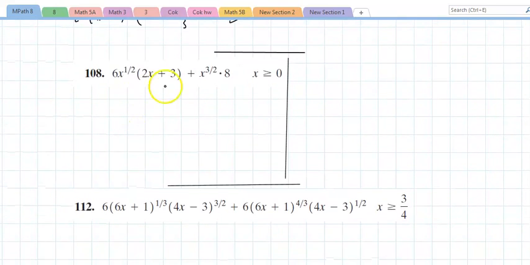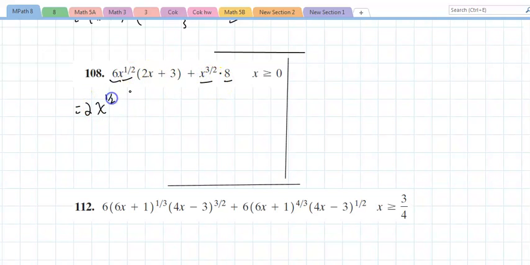So here, if I want to factor, I notice an 8 and a 6. I could take a 2 out of those. X to the 1/2, x to the 3/2. The smaller is 1/2. If I take this divided by this, 6 divided by 2 is 3. The x to the 1/2 cancel out. You're left with 2x plus 8 divided by 2 is a 4.